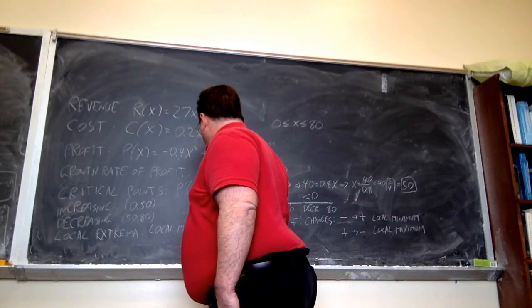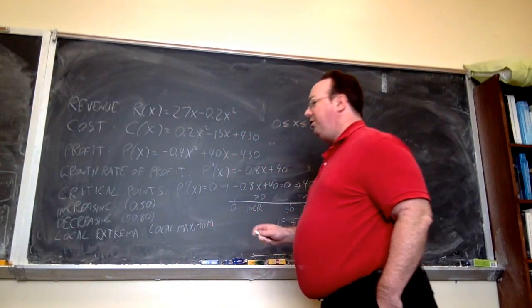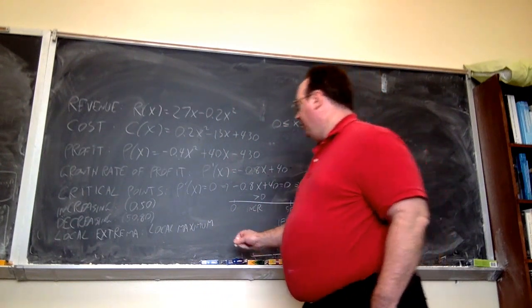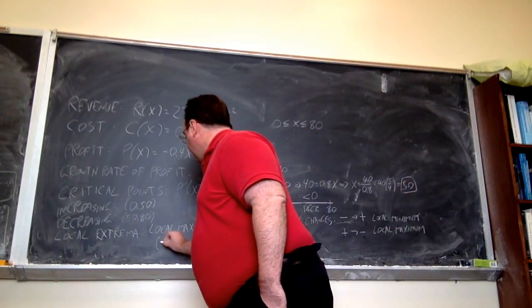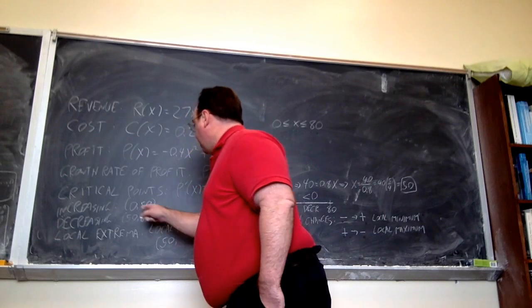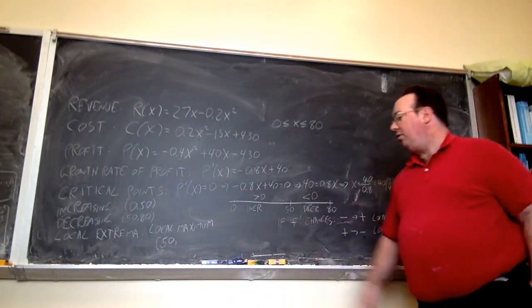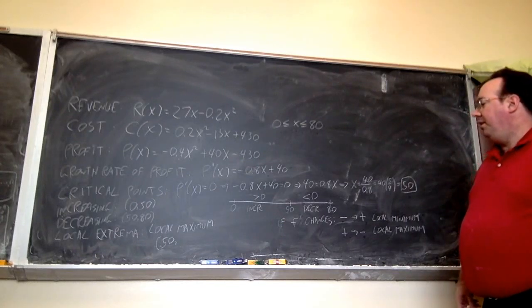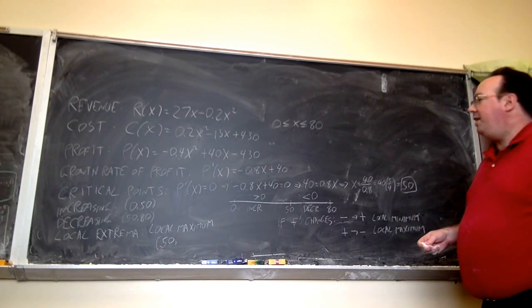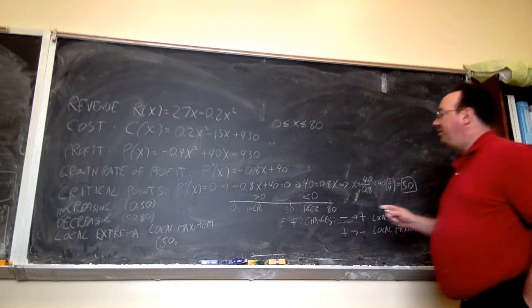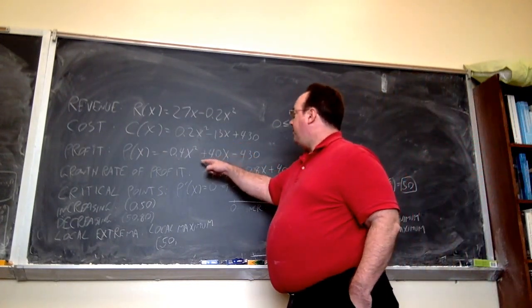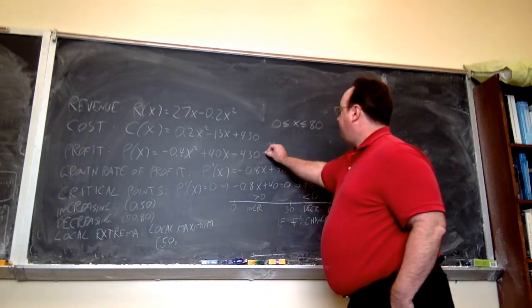and in problems that require these, you specify them as an ordered pair. That would be the x value, so x equals 50, our critical point, is the x value for a local maximum, and then to get the corresponding y value, you would have to substitute x equals 50 into your profit function.